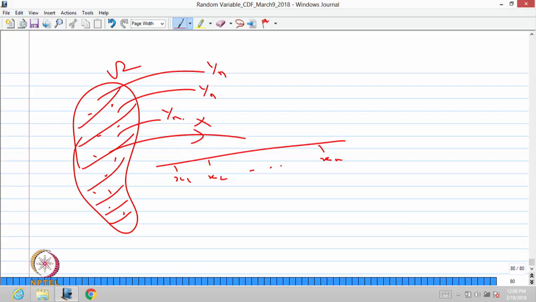Each one is attached with one point whose probability mass function is 1 by n. So, you partition: this is the first partition, second partition and so on. This is the nth partition, whose mass is 1 by n. That means that random variable has a discrete uniform distribution.